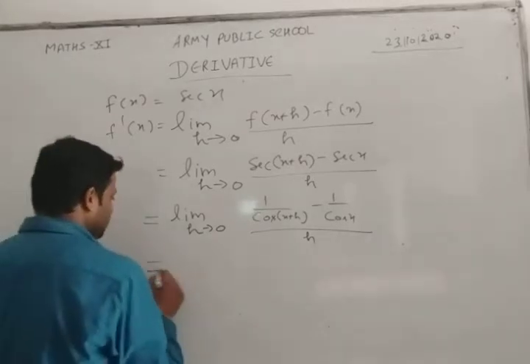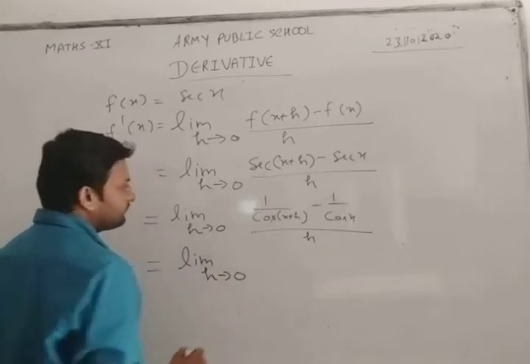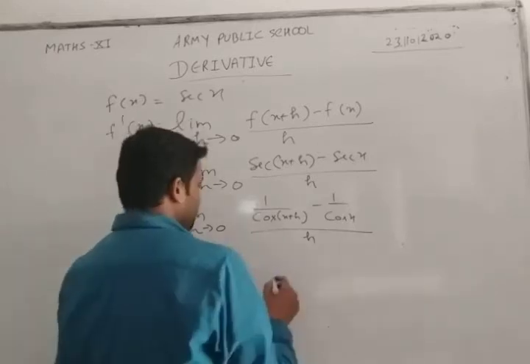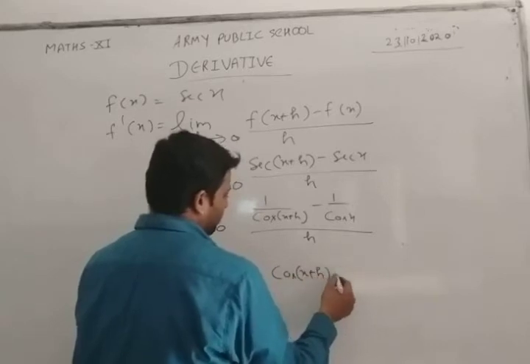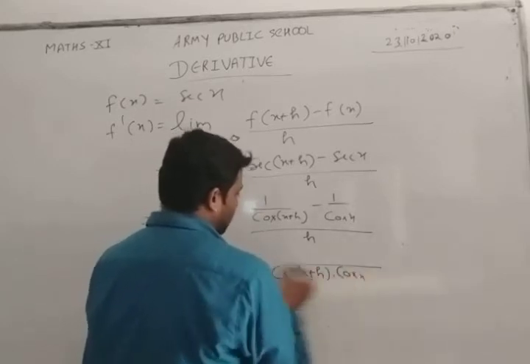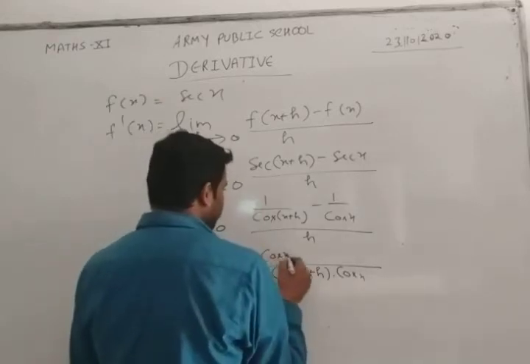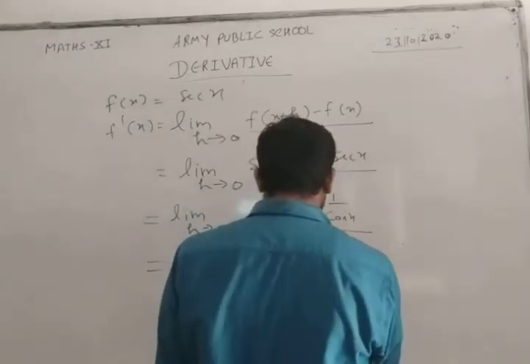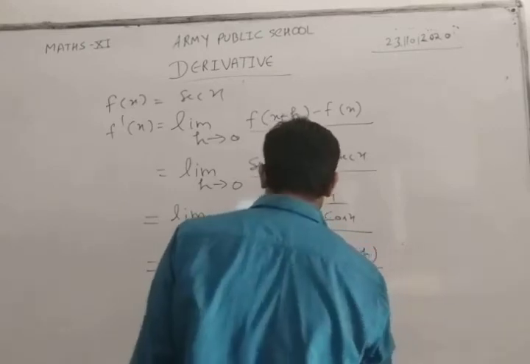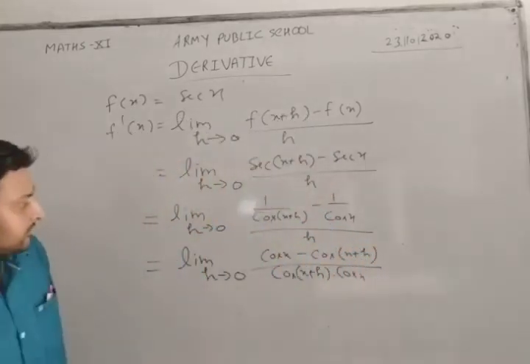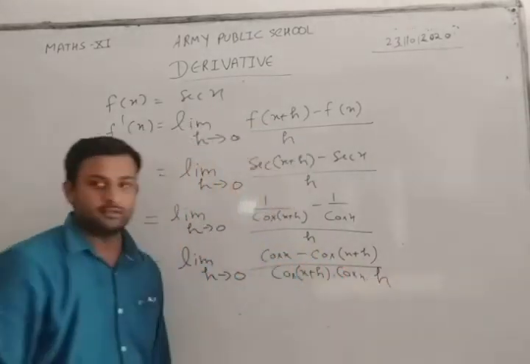Now limit h tends to 0, take LCM cos x plus h into cos x. Now we get here cos x minus cos x plus h, and this h we can write here.